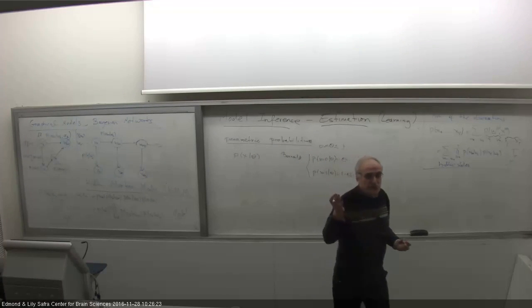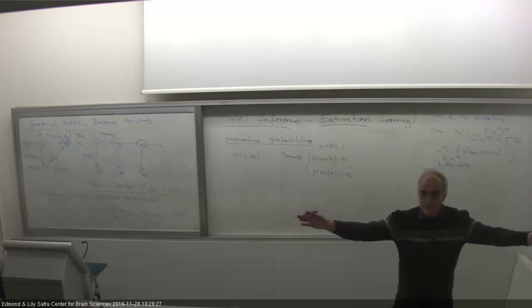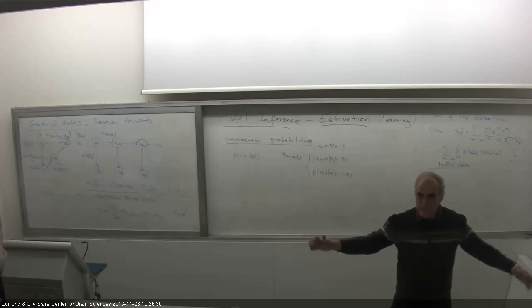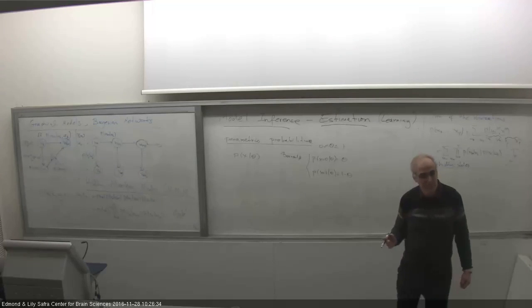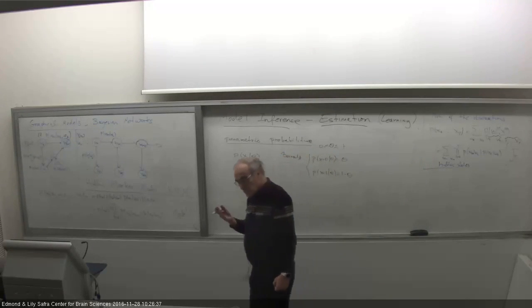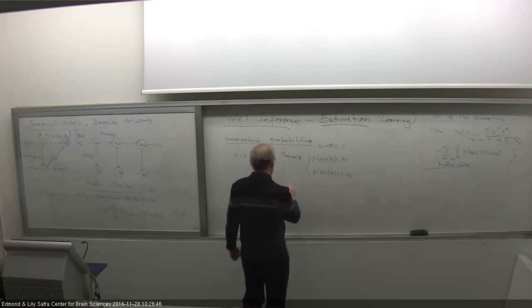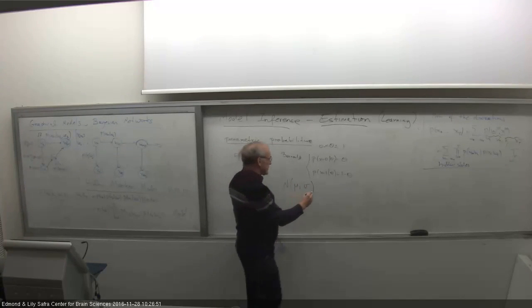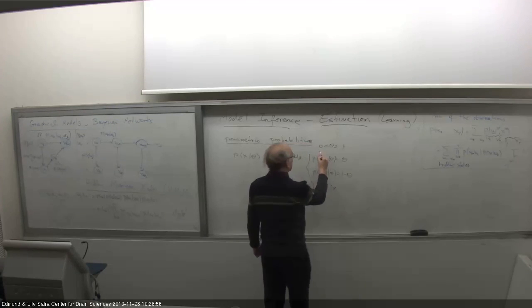Another example is the Gaussian distribution. For a one-dimensional Gaussian, the random variable x is a real number, and the parameters are what? There are two parameters: the mean, mu, and the standard deviation, or the variance, sigma squared.